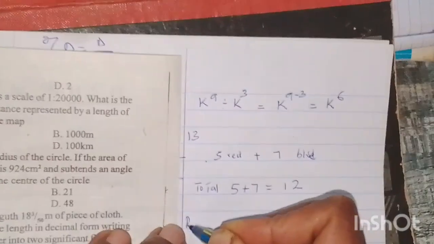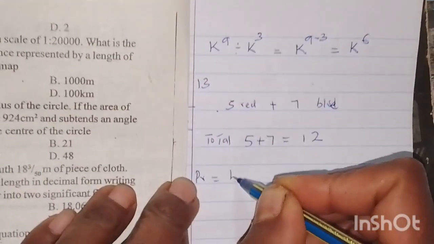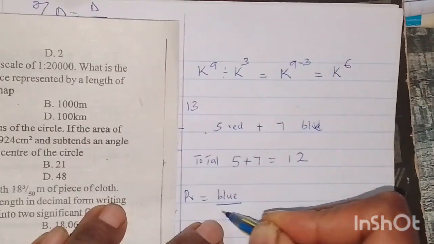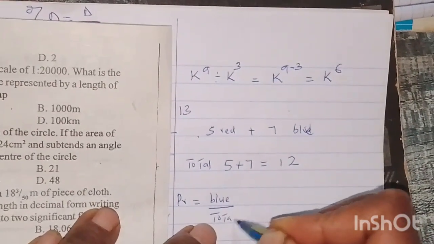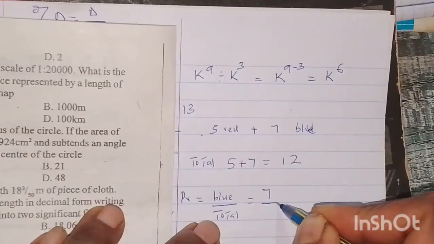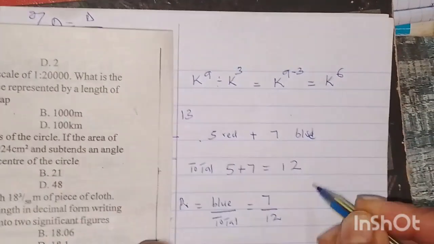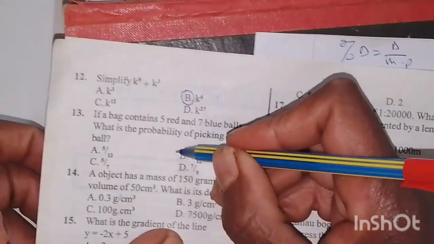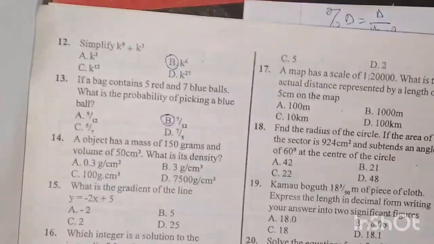Now, the probability of choosing a blue ball is the number of blue over the total number. The number of blue is 7 and the total number is 12. Therefore, the answer is 7 over 12. A is wrong, 5 over 12, but B is correct, 7 over 12. We are circling B as the correct answer.